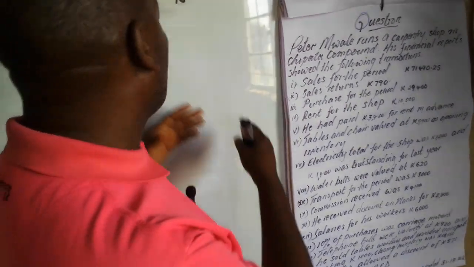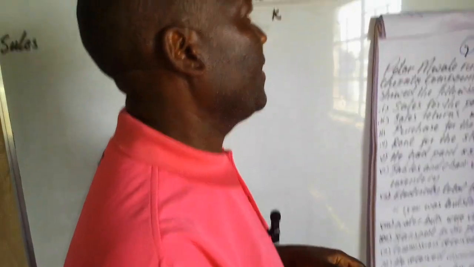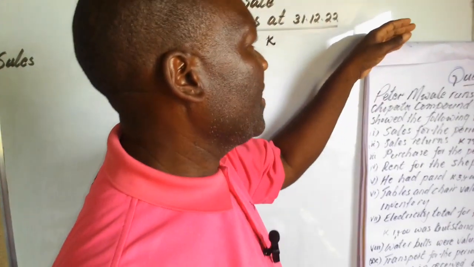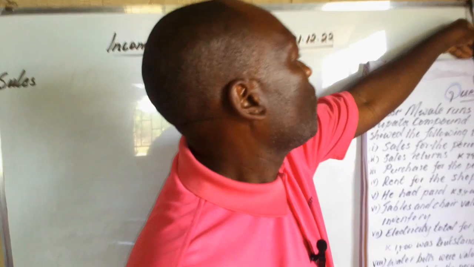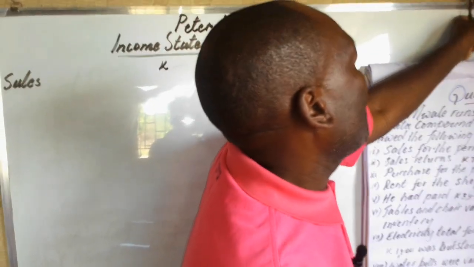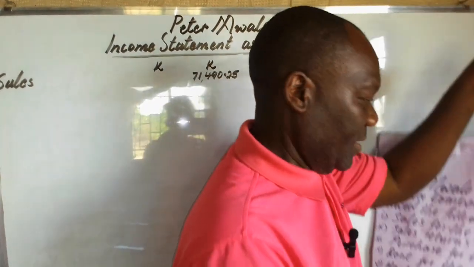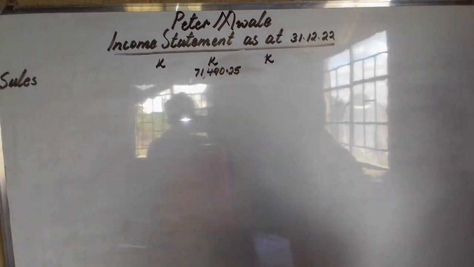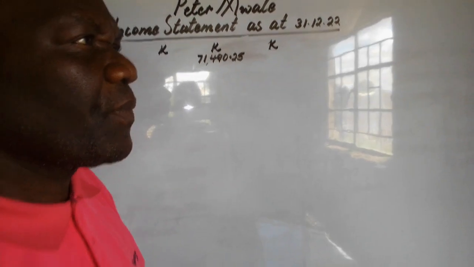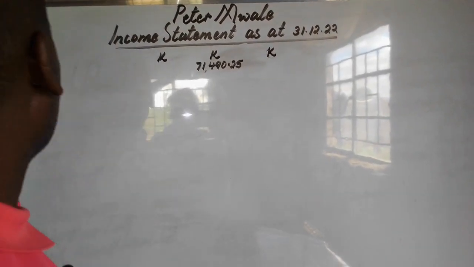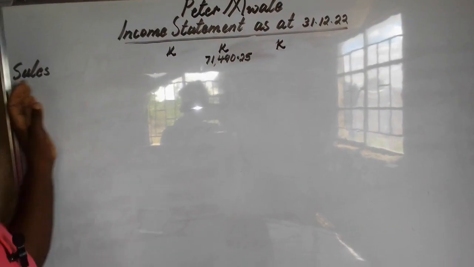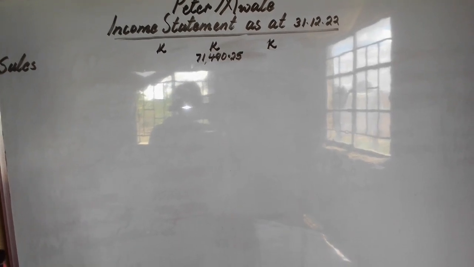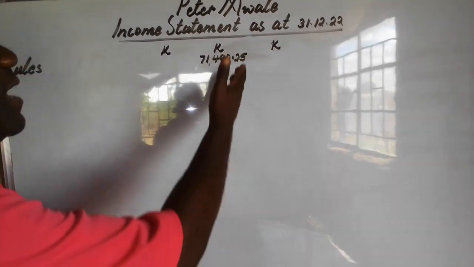Okay, so we are going to do an income statement here. Allow me to remove this question so that we are able to work properly, so that we do our computations nicely. Alright, so we have been told that the sales for the year were valued at 71,490.25 ngwee.